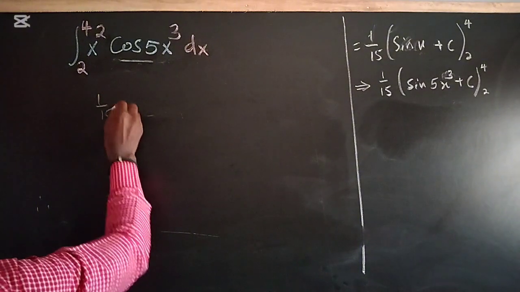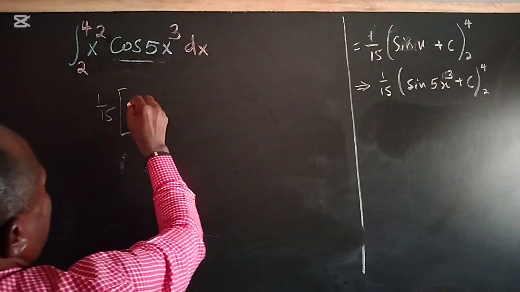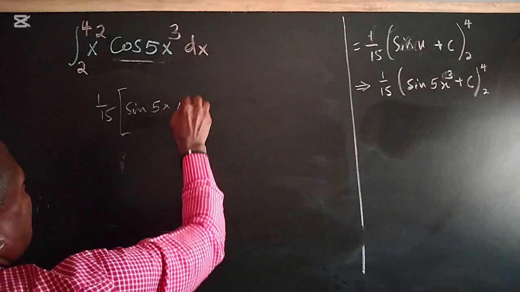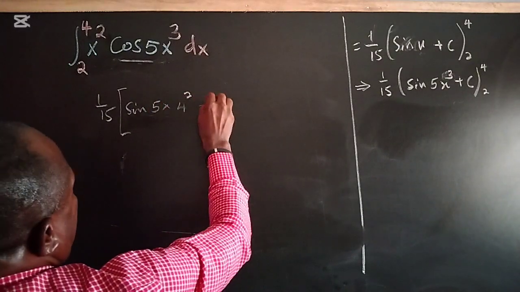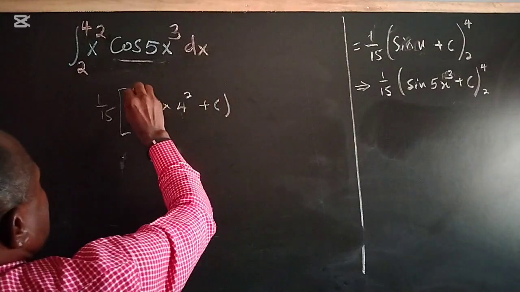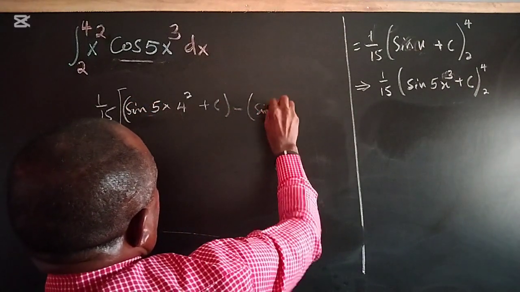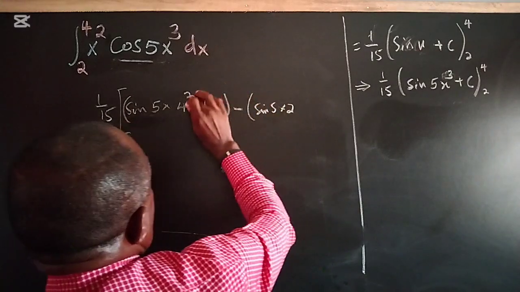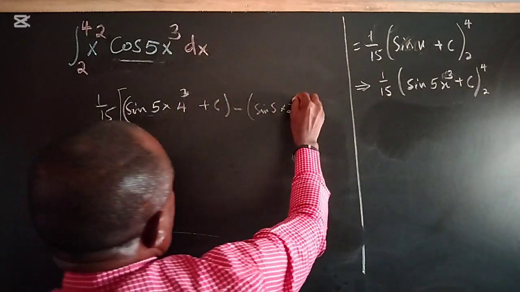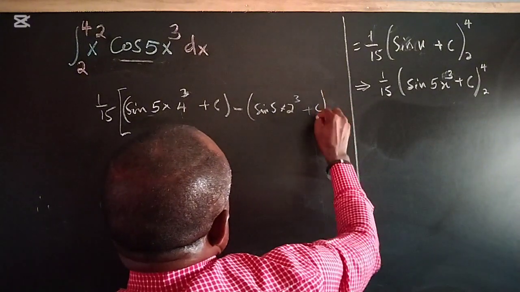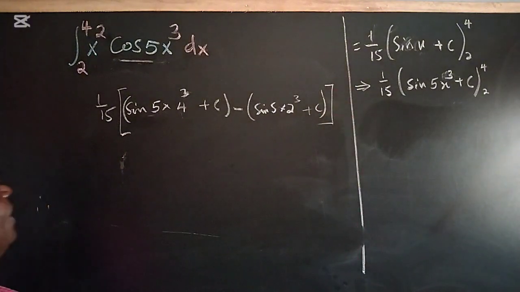So we have 1 over 15, bracket, then we have sine 5 times 4 cubed plus c, and then minus sine 5 times 2 cubed plus c, close the bracket, and then we have that.